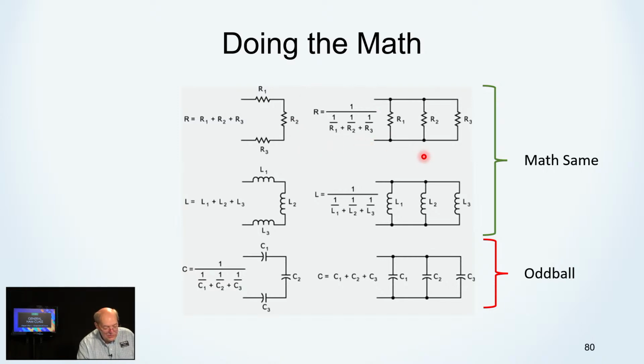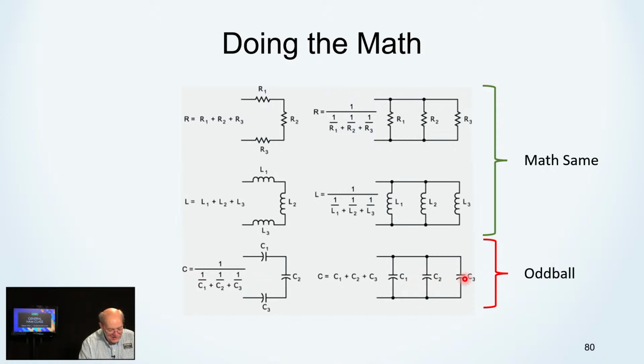Well, you can just kind of see intuitively that because there's some current flowing through each one of these resistors, the total resistance is going to be smaller than the smallest resistor that's there. Just kind of hold that thought for a minute. Capacitors, the math works the same way, but it's just backwards.